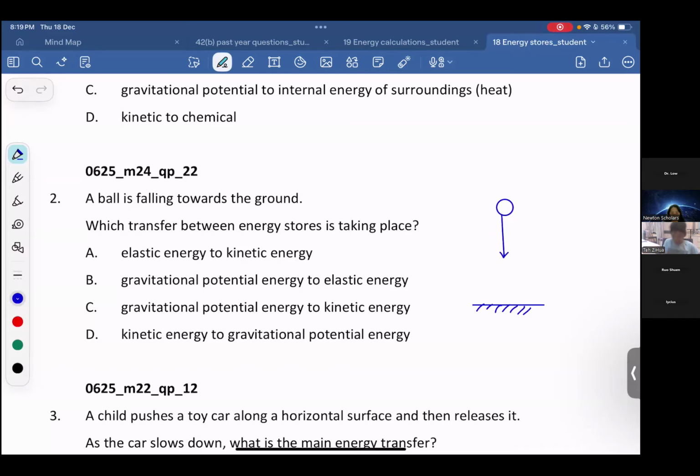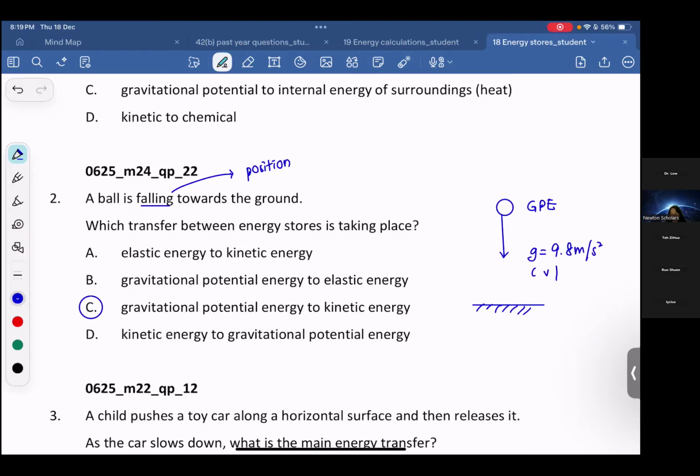Crystal, correct. From C, GPE. So as it starts falling, it has a certain position, a certain height. So here it should be GPE. Falling, we understand it will accelerate at 9.8 meters per second squared, right?